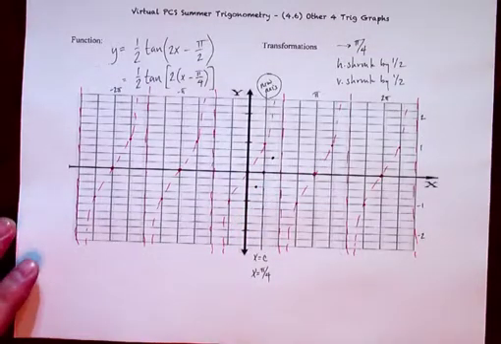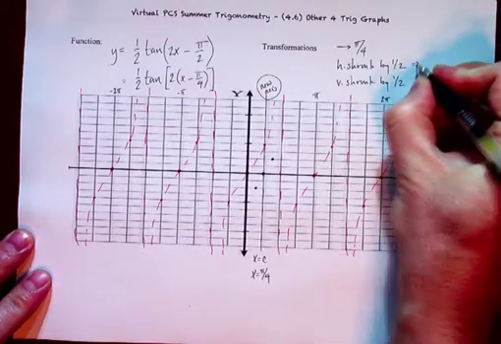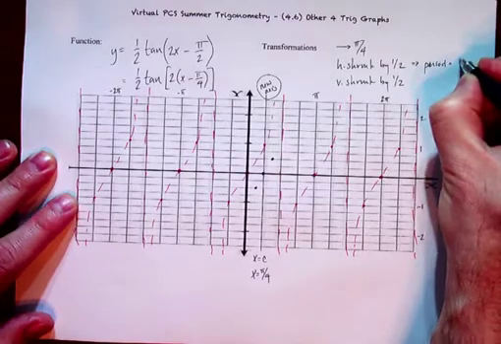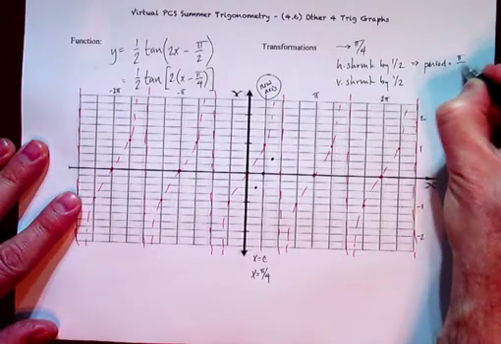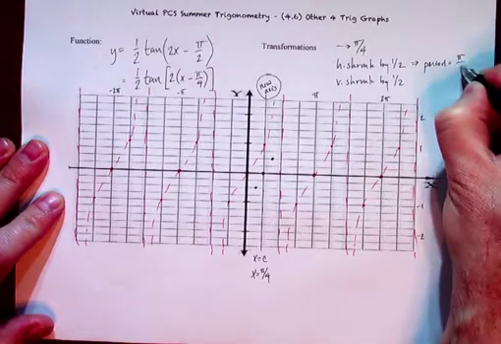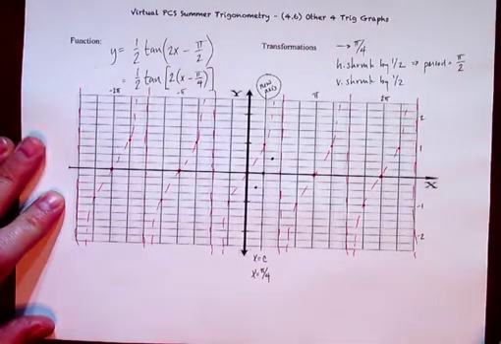Now, I recognize the fact that my period is always 2 pi, or pi over b, okay? Basically it's the original period over your b value. And the original period for tangent, of course, is pi.